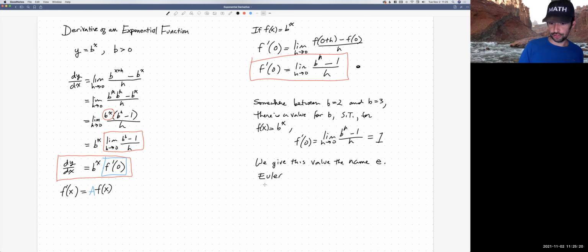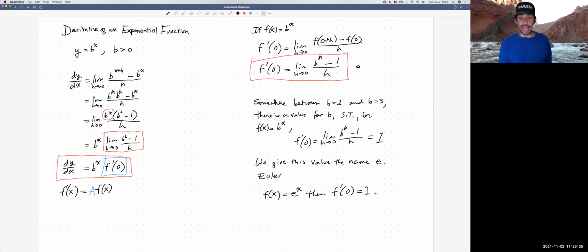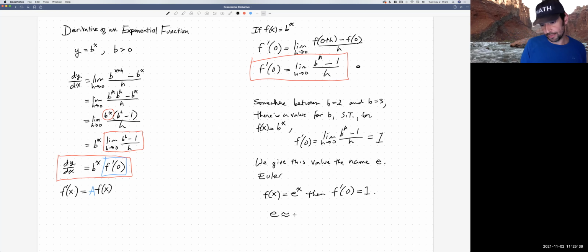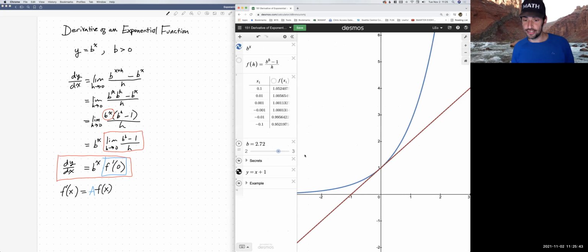In other words, if f of x equals e to the x, then f prime of 0 is equal to 1, okay? And the number e, let's give an approximation, is about 2.71, right? That's what we saw when we were trying to find this here.